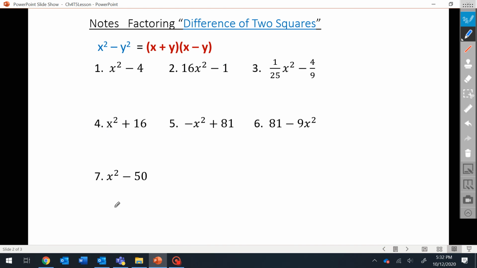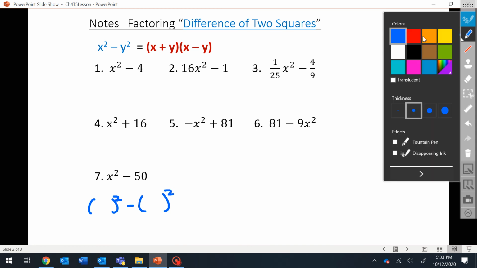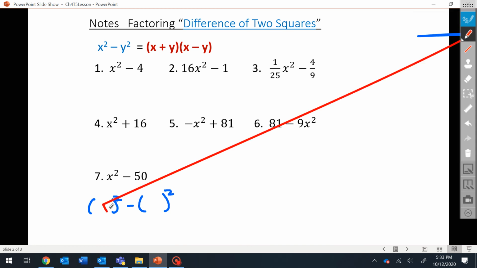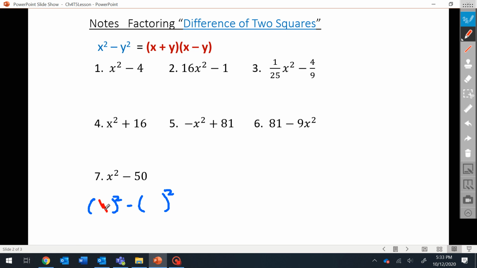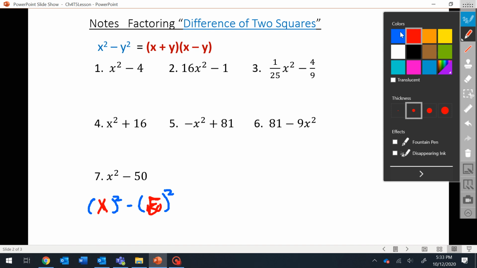And let's look at x squared minus 50. Let's write it as a difference of 2 squares. So that's going to be taking the square root. The square root of x squared is x. And the square root of 50 is just the square root of 50. Okay, if you put that into a calculator, it's not going to give you anything that you can use.